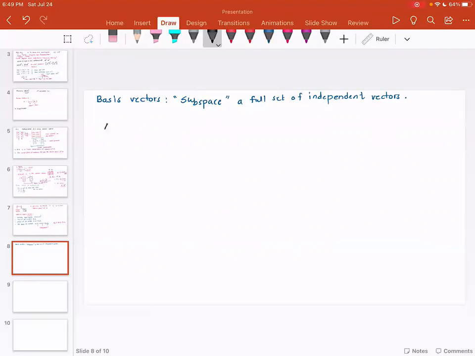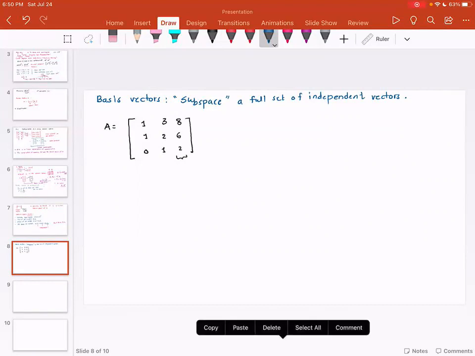If you have a matrix, something like this, 1, 3, 8, 1, 2, 6, 0, 1, 2, you can see very clearly that this last column is not independent.